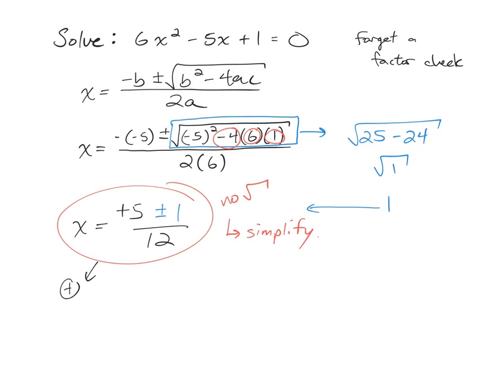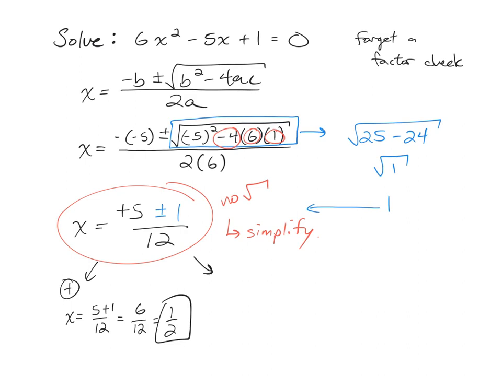So if you look at the plus version of this, you'll have x equals 5 plus 1 over 12, which will be 6 over 12, which simplifies or reduces to 1/2.